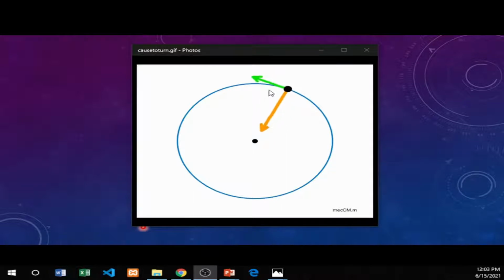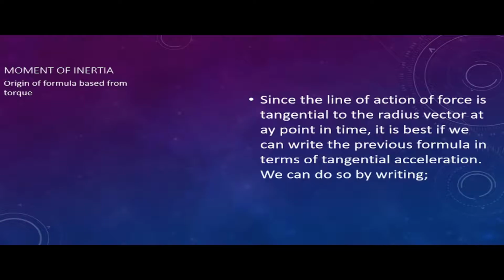Since the force that is causing the system to turn in a circular manner is always perpendicular to the radius vector, we can rewrite the formula, and all we have to do now is to rewrite the acceleration from radial to tangential, and it will look like this. Alright, and you will see that this term from radial acceleration became tangential acceleration, and we have a relationship for that, and we are going to show it in the next derivation.